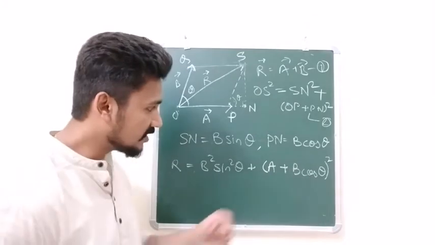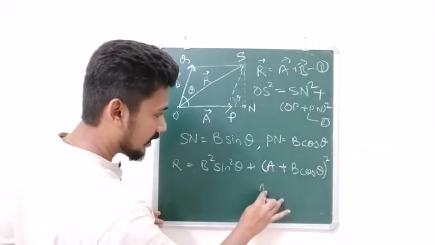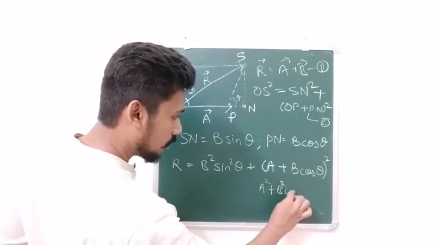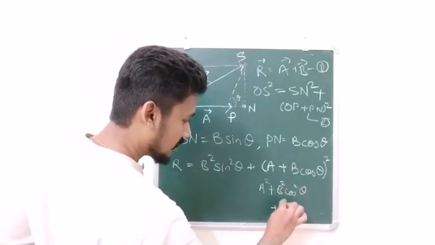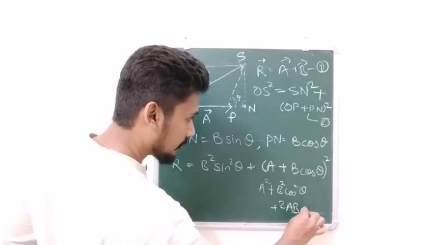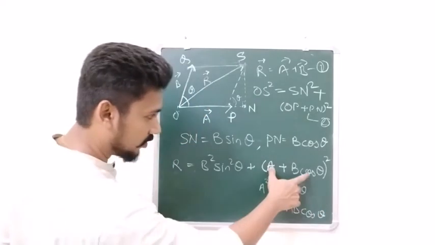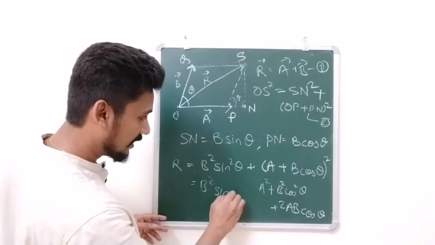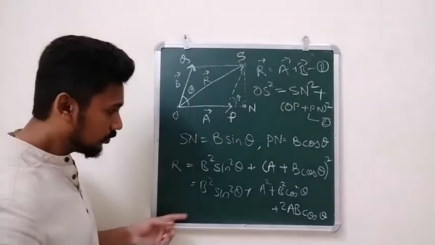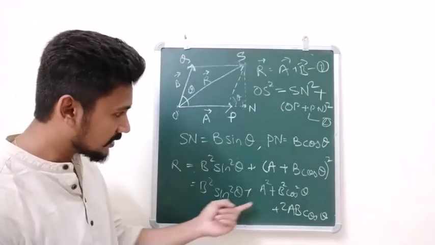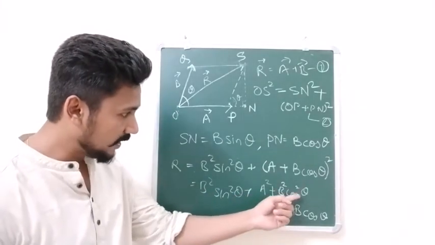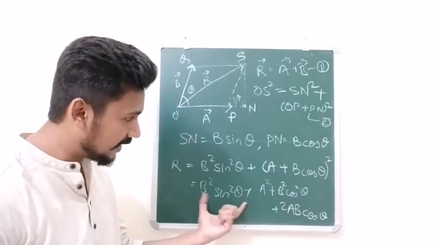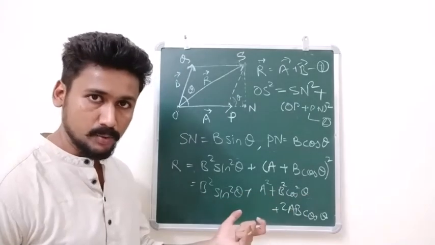Now if you open this bracket, what do you get? You get A square plus B square cos square theta plus 2AB cos theta, and B square sine square theta will remain the same. Now how do you solve this? You can add B square sine square theta plus B square cos square theta.